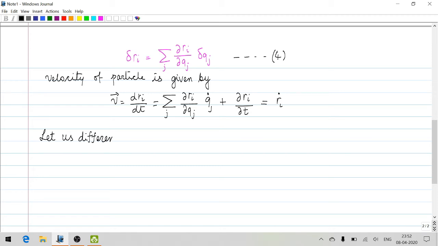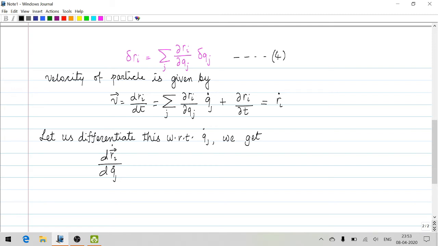Let us differentiate this with respect to Qj dot. We get dRi bar dot upon dQj dot.